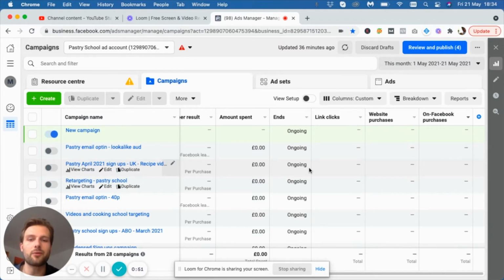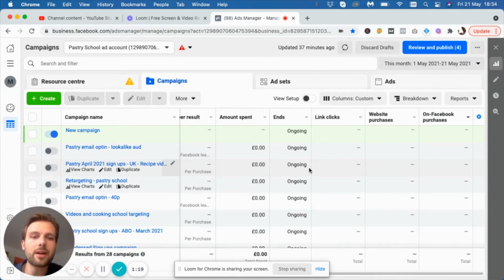If you're going after people interested in mortgages or loans, the CPMs will be higher than for someone looking to buy, say, a baking course, someone in a market for lower-priced products and deemed not as valuable as a customer. The CPMs in India would be a lot lower than in the UK, just because of the value Facebook puts on those people.